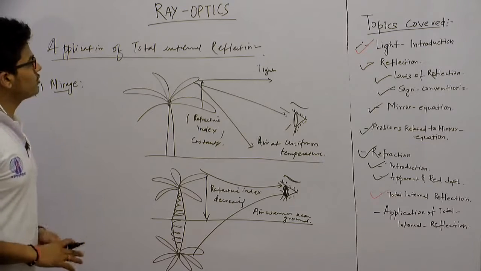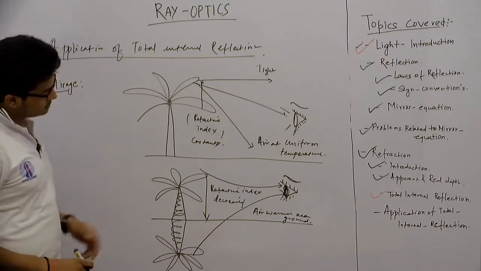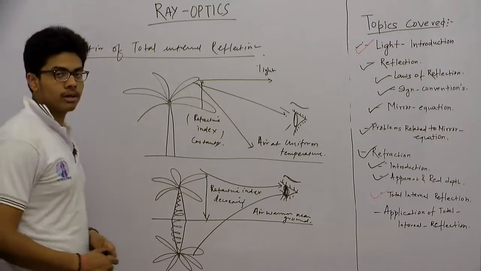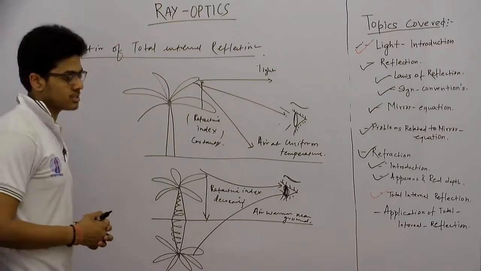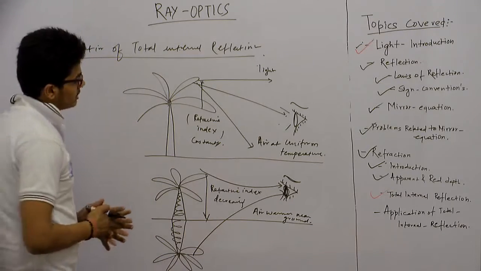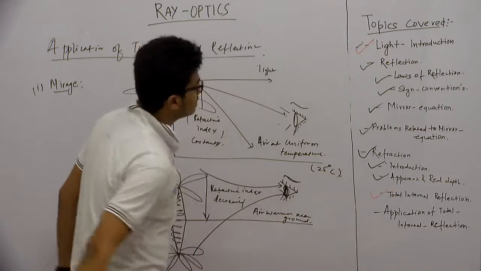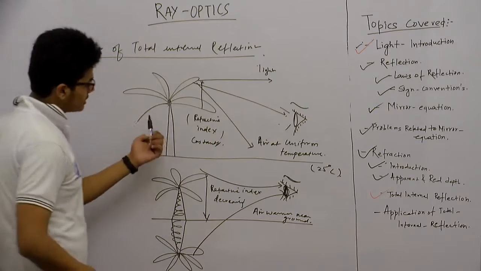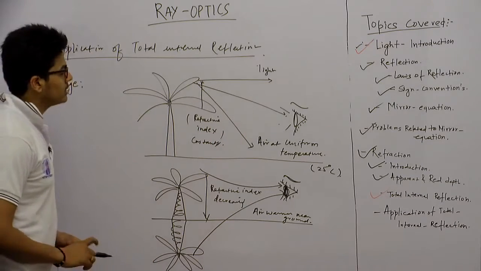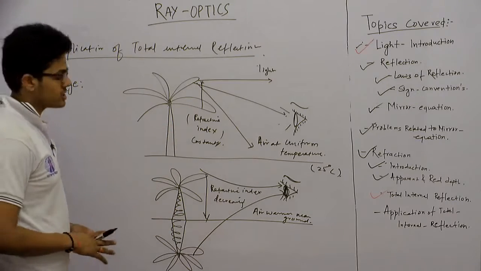The application of total internal reflection, in which I draw two diagrams related to this. This is a normal condition when the observer is moving on a day with uniform temperature, like 25 degrees centigrade at atmosphere temperature. The object which is lying distant from the observer is clearly visible and the refractive index is constant.